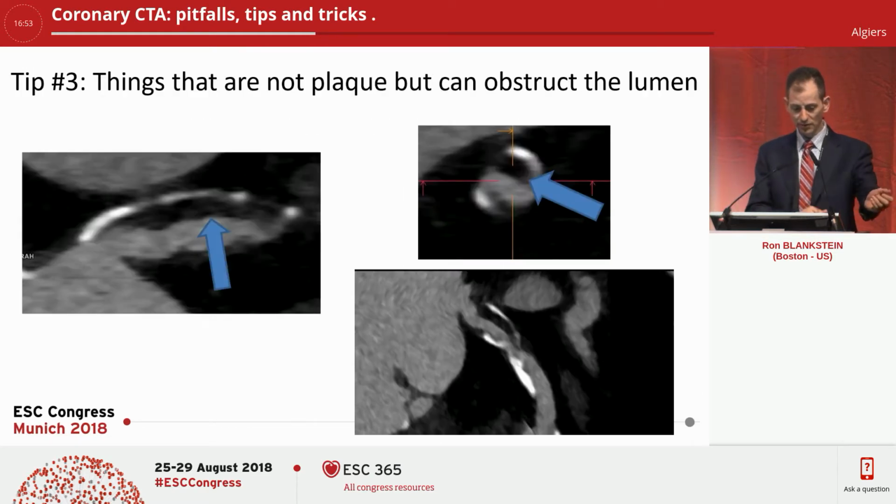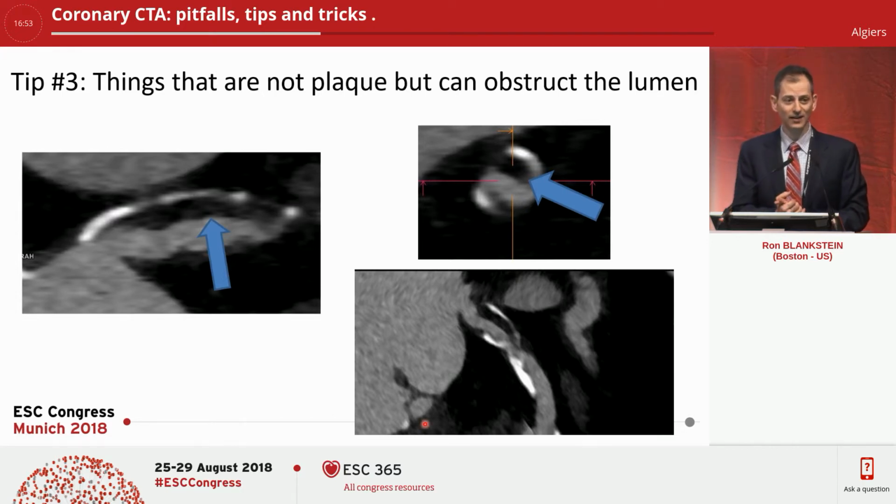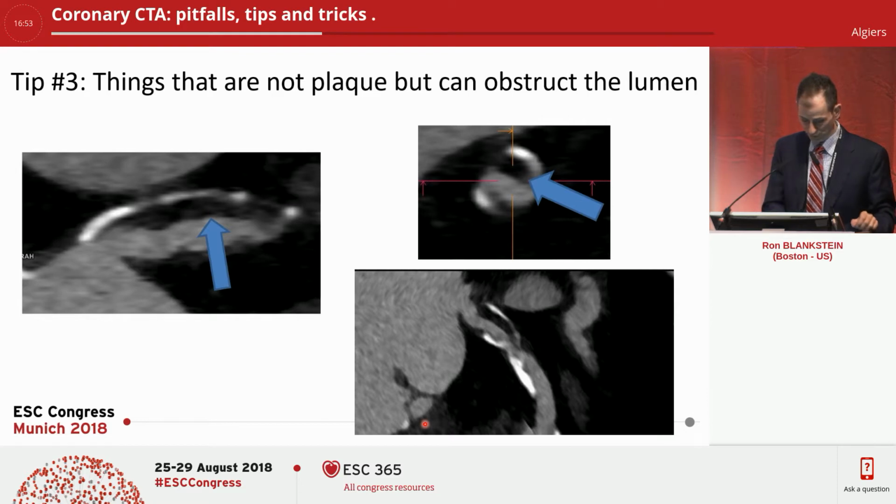Tip number 3. There are things that are not plaque that can obstruct the lumen. So what's this one? This is a tough one. If I didn't tell you that this patient actually had an invasive angiogram the day before, and you see this big filling defect. This is much darker and lower attenuation than plaque usually is.